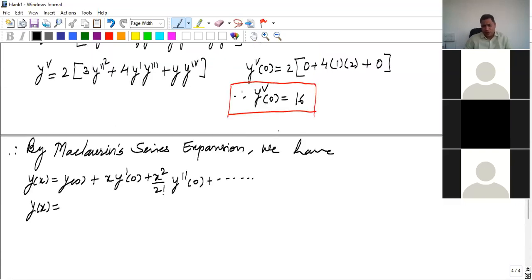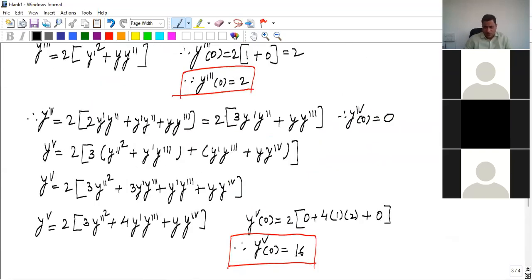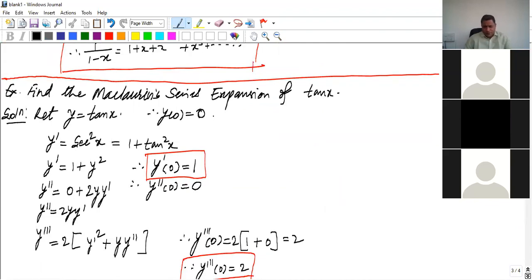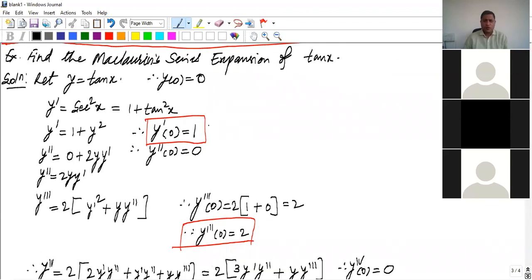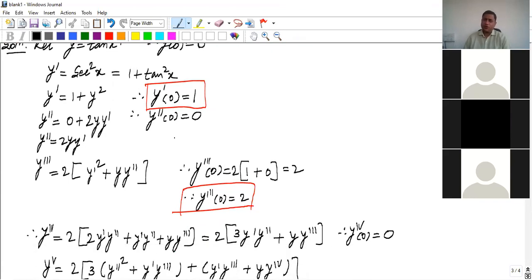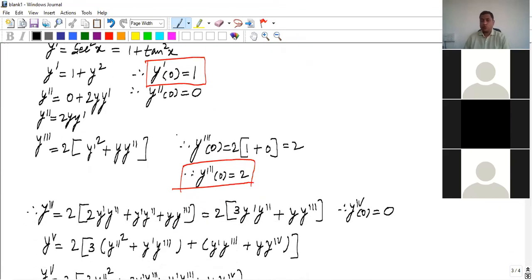In this case, what is the value of y0? It is going to be 0. y dash is going to be 1. y double dash is 0. y triple dash is 2.